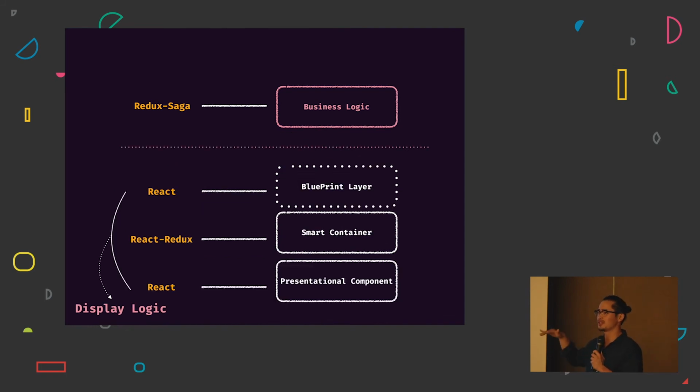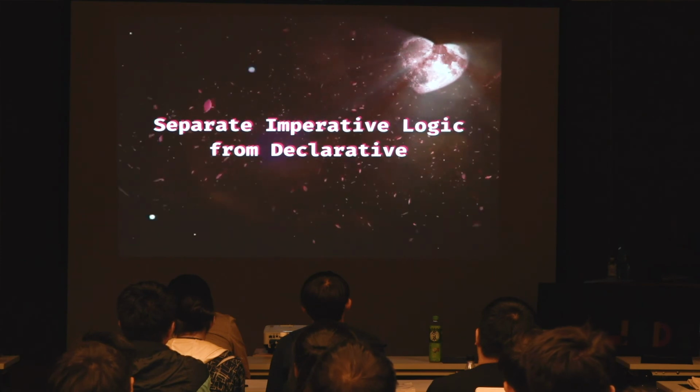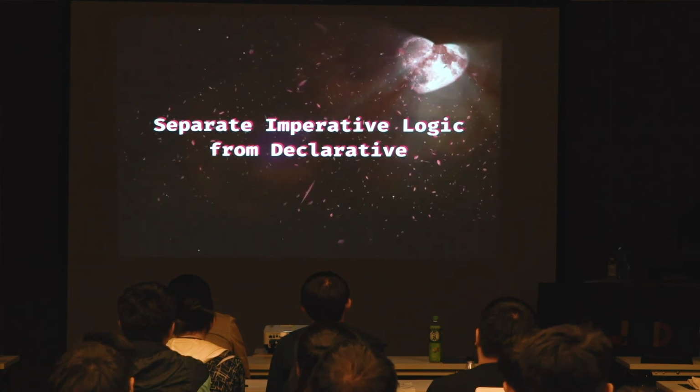And even more, we try to separate our business logic from display logic. So the idea is we try to separate the imperative logic from the declarative. Although people say writing declarative code is good, we think it's more like a relative concept. You can always be more declarative. But speaking of business logic, inherently, it's more natural to call it imperative compared with markup or display logic.